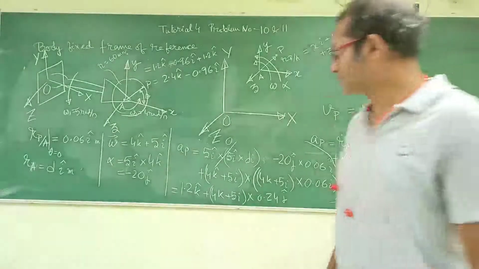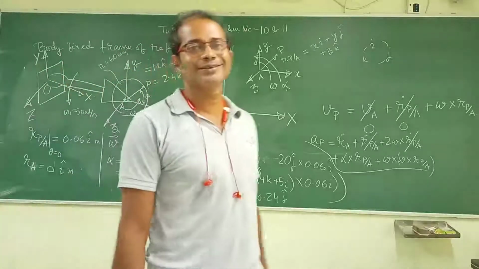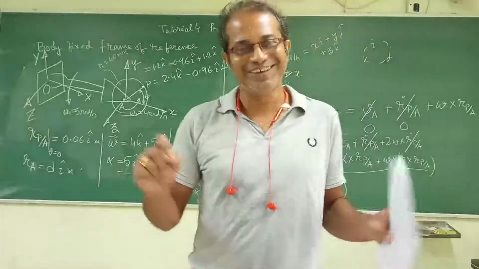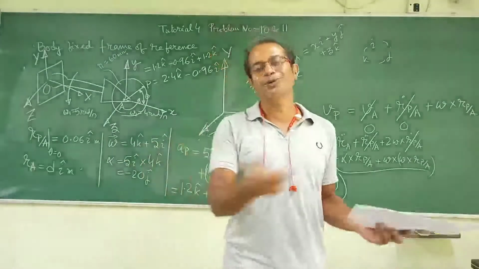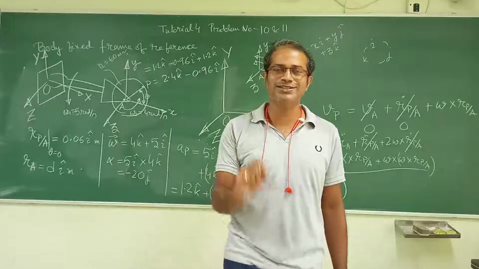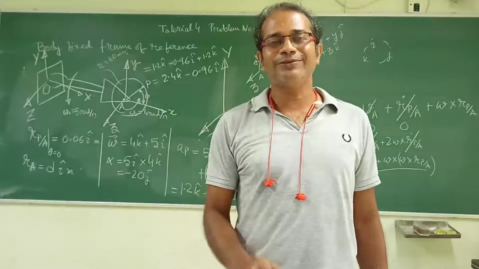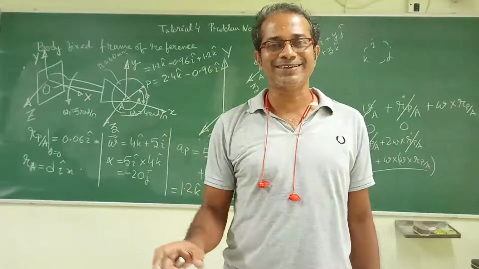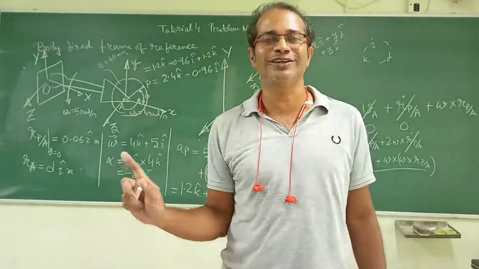So now we understand that we took the example of table fan and we just used that common sense in order to derive everything. And you just look carefully. If you understand the table fan problem, then any complicated problems are going to be absolutely clear.